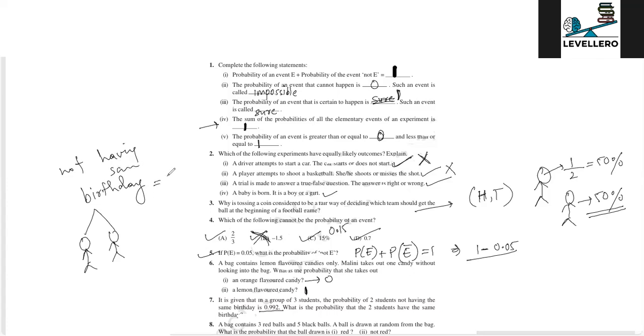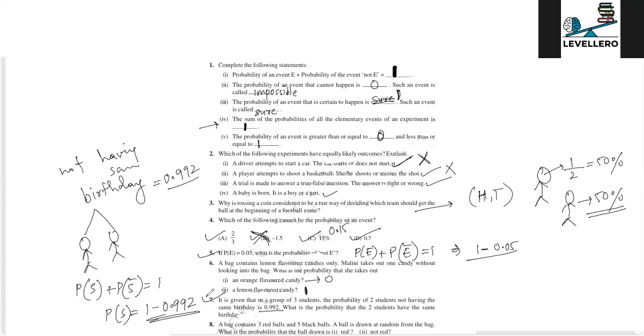What is the probability that 2 students have the same birthday? So this is again a case of an event happening and an event not happening. So we can write probability of same birthday plus probability of 2 students not having the same birthday is 1. The probability of having the same birthday is 1 minus 0.992.